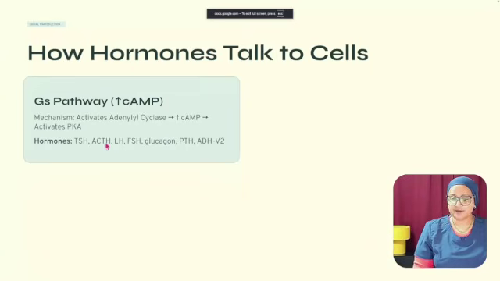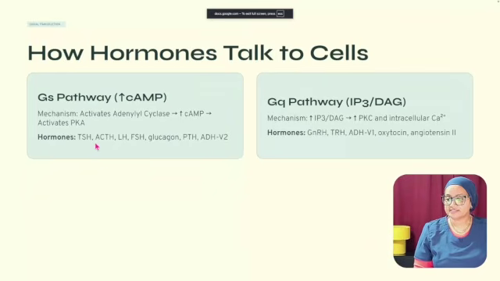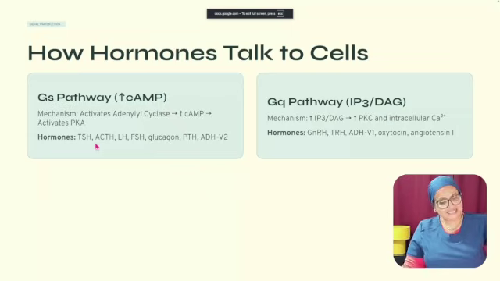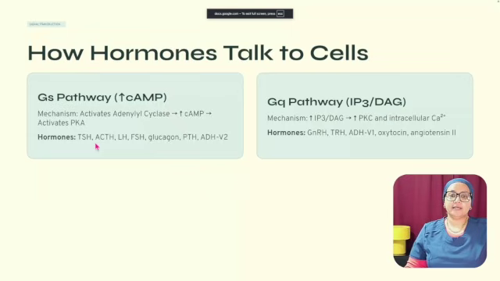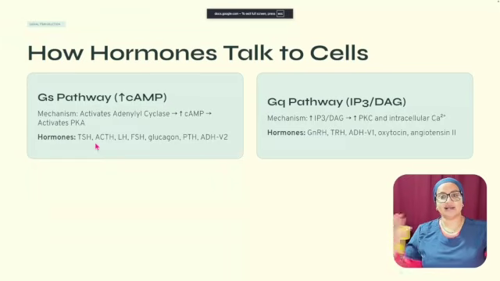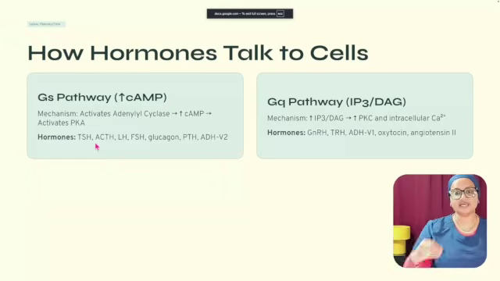Okay? The other pathway is called GQ coupled pathway or receptors. They activate phospholipase C, and this in turn cleaves PIP2 into IP3 and DAG. IP3 releases calcium from the endoplasmic reticulum, so this one utilizes calcium.